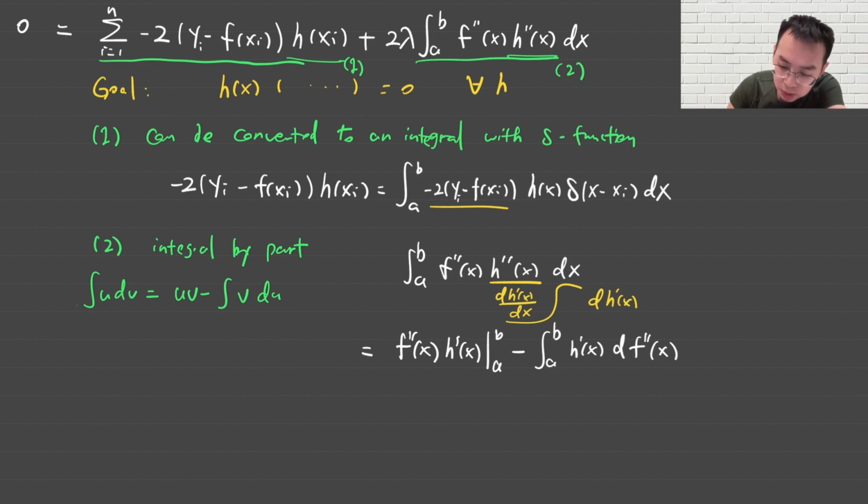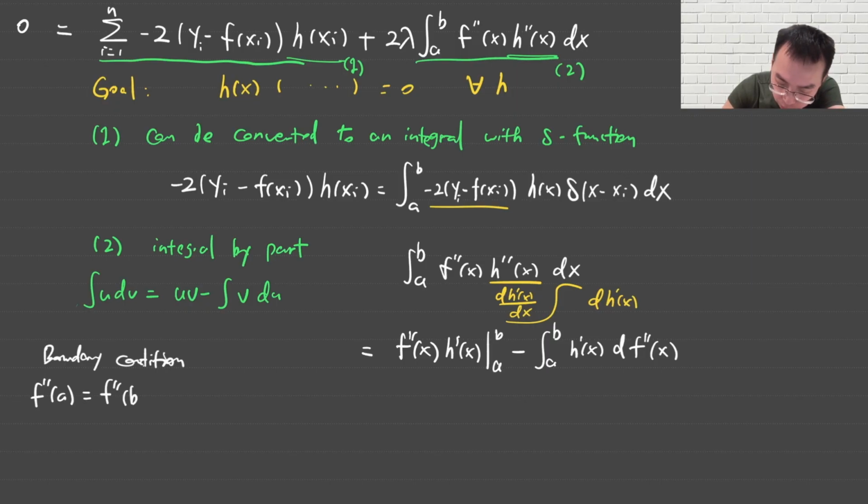Here recall that we have the boundary condition that f prime prime of a equals f prime prime of b equals 0. So the second derivative vanishes at the boundary of the data. That means our first term here goes to 0. This is nice.